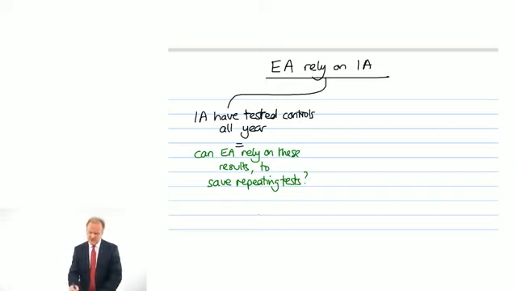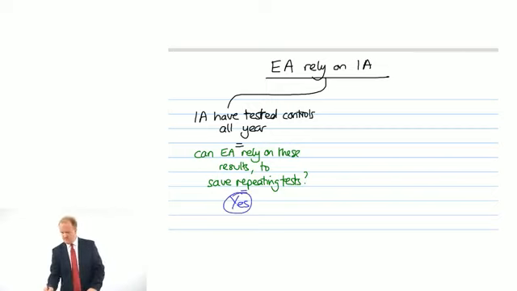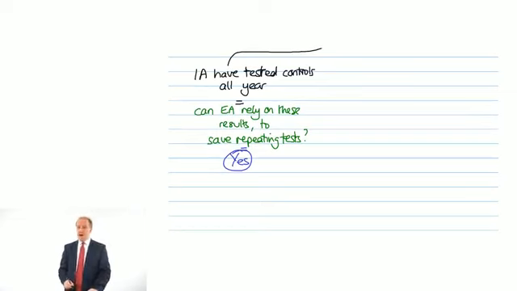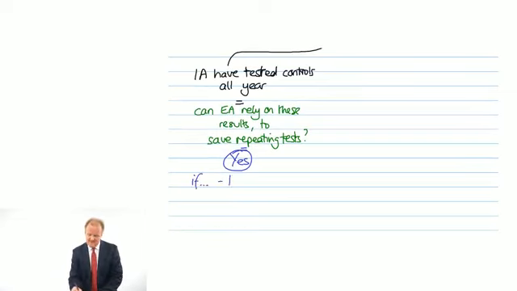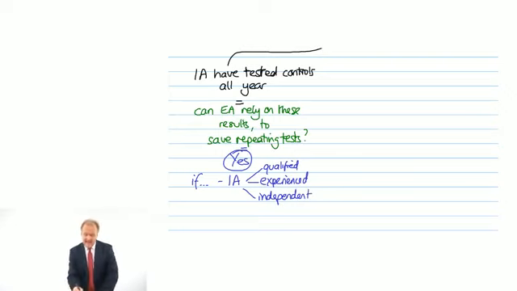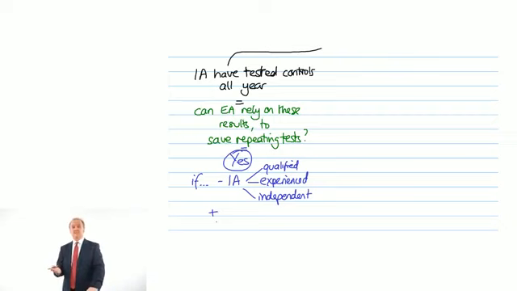And the answer to that question is, yes, I can. But, there's always a but, isn't there? If internal audit appear to be qualified, experienced, and independent, so I would have to assess all of those as with any expert, and I can't just pick up their results and rely on them.